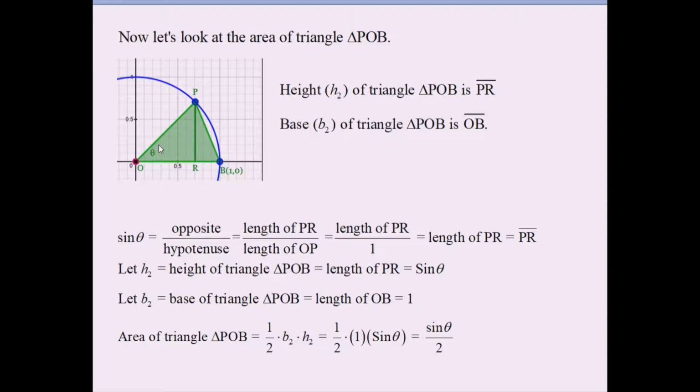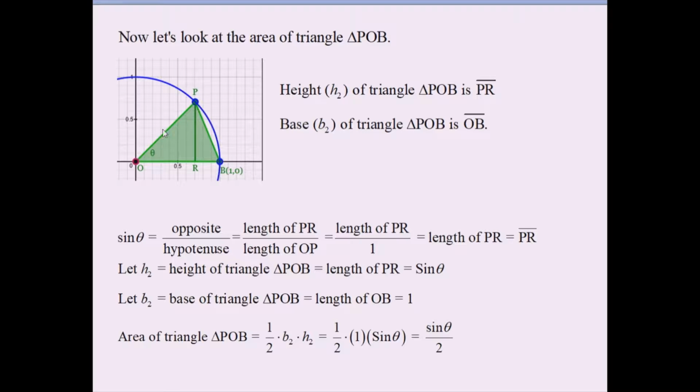And therefore the sine of this angle, sine of theta, will be the opposite side, which is PR, divided by the hypotenuse, which is OP. So the sine of theta will be the length of PR divided by the length of OP. But the length of OP is just 1. And so we have the length of PR divided by 1, which is the length of PR. And so sine of this angle is the same as the length of PR.